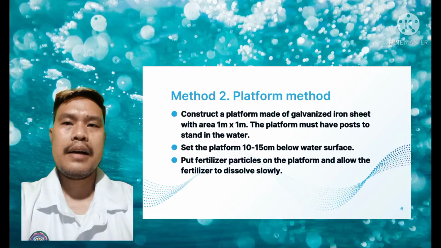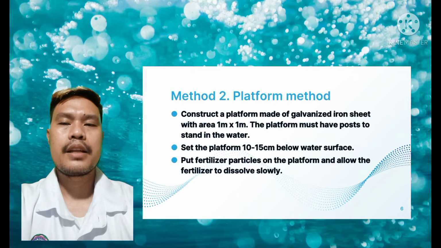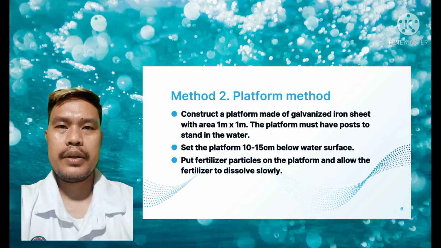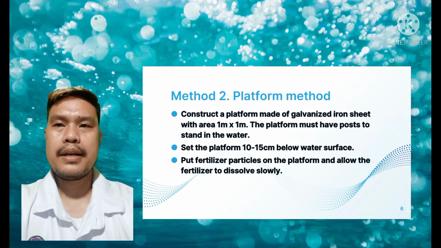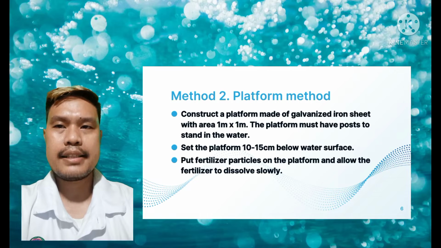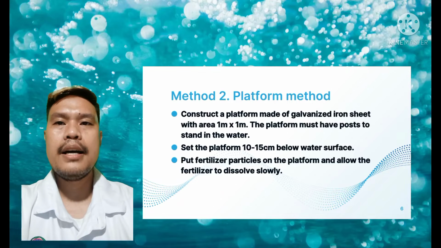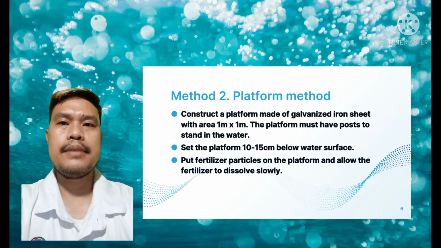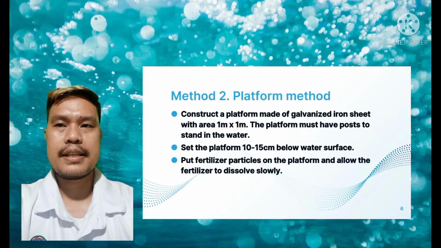Method 2. Platform method. Construct a platform made of galvanized iron sheet with an area of 1 by 1 meter. The platform must have posts to stand in the water. Next step is to set the platform 10 to 15 cm below the water surface.